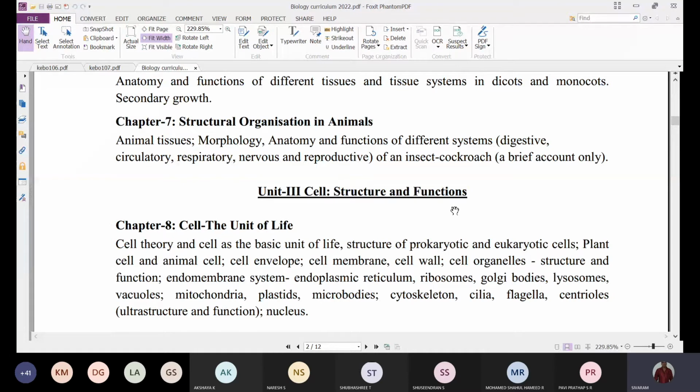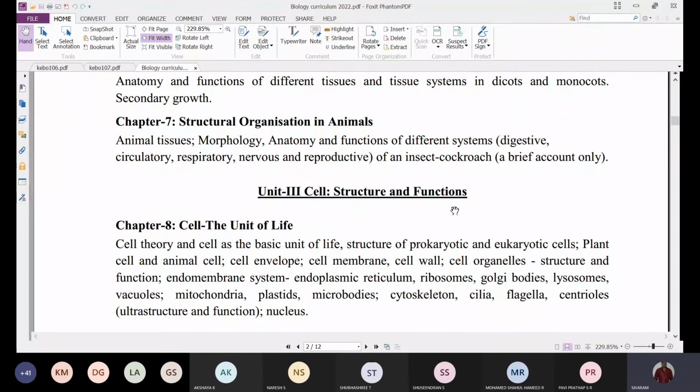You might have already studied these in your lower classes, but here we'll discuss them a little bit briefly. After that, we have anatomy and functions of different systems. In the textbook, we have earthworm, cockroach, and frog.